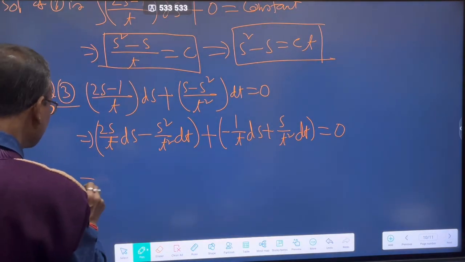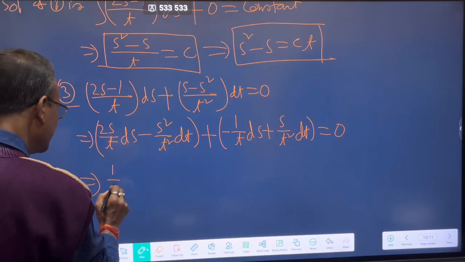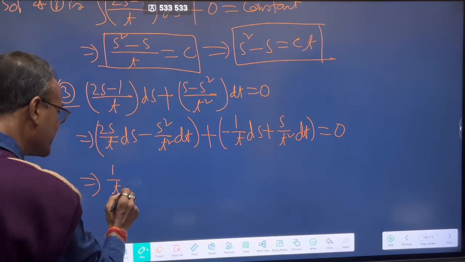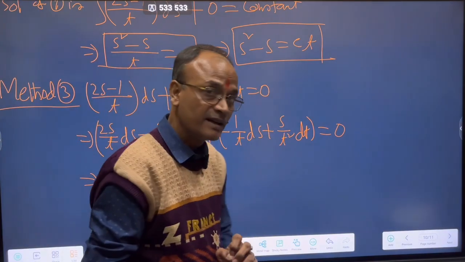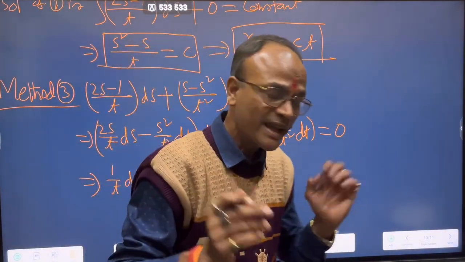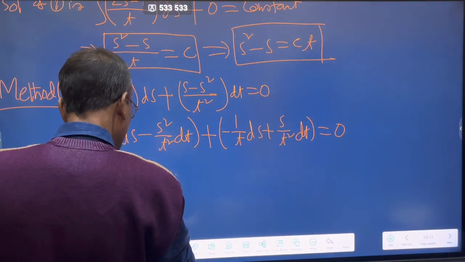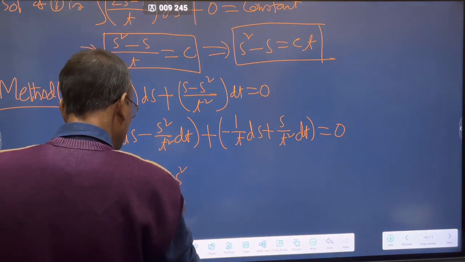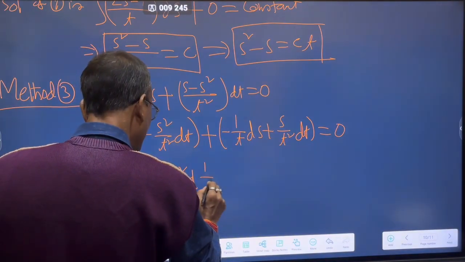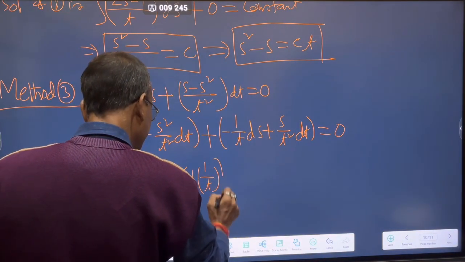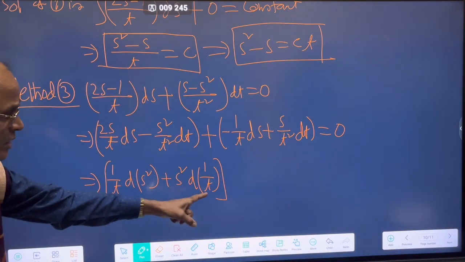This means 1 by t times 2s ds can be written as d of s square, plus s square d of 1 by t. d of 1 by t is minus 1 by t square.